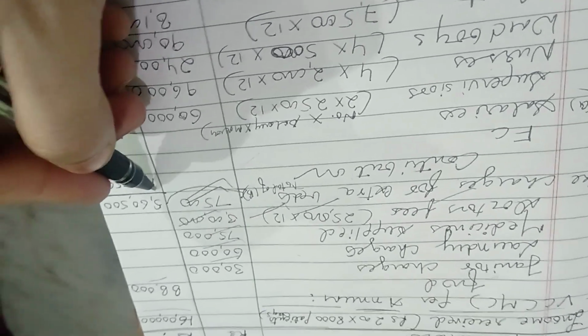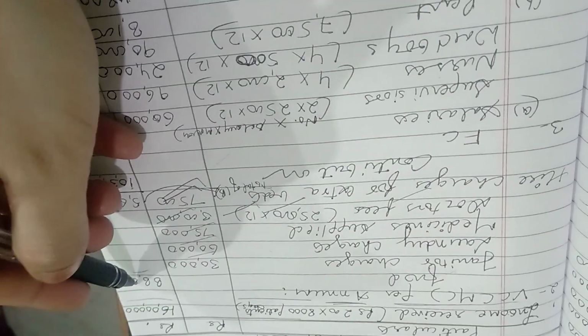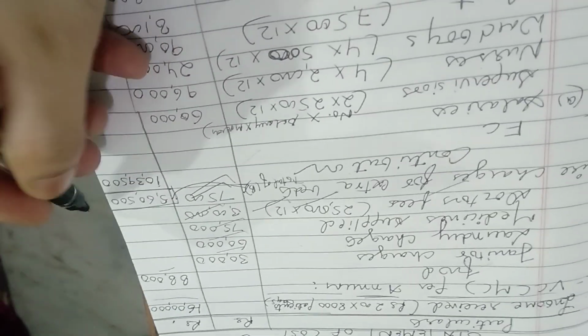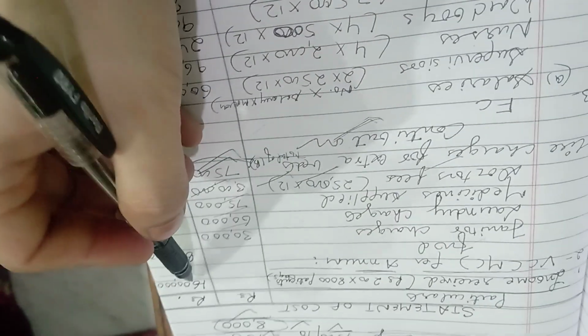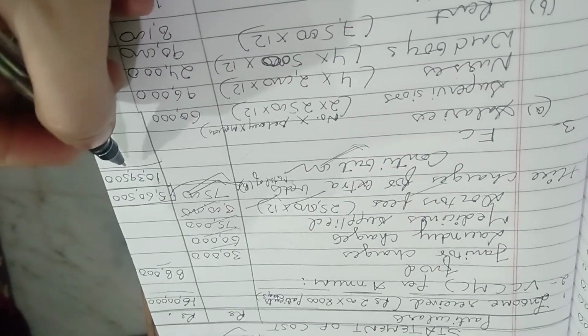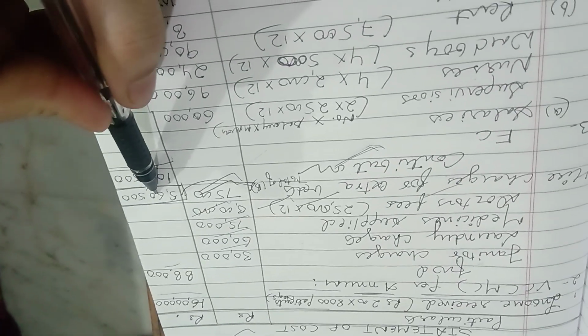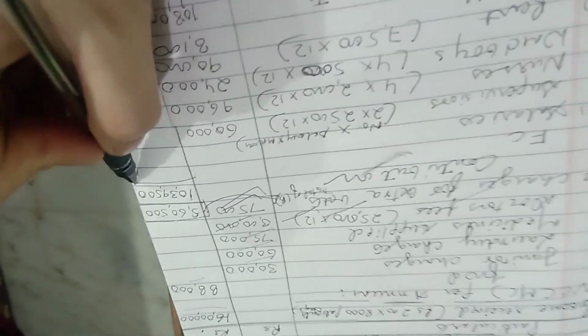So here it comes 5,60,500. Total of the variable cost is 5,60,500. One thing more, in some books the contribution has been asked. So the contribution is income less the variable cost. From this income 16,00,000, less 5,60,500, the contribution is coming 10,39,500.